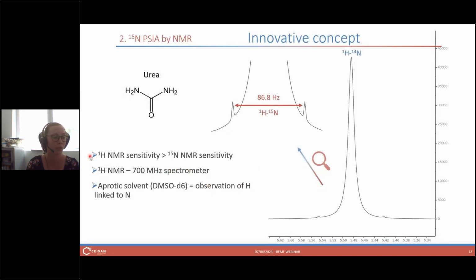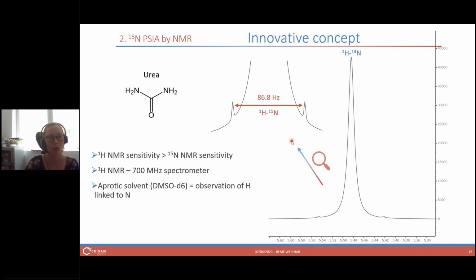We do proton NMR because it's more sensitive than nitrogen NMR. And we work in an aprotic solvent to prevent the exchange of protons. For example, for the case of urea, here is the spectrum. The main peak corresponds to protons linked to nitrogen-14, and the satellite peaks here and here correspond to protons linked to nitrogen-15.